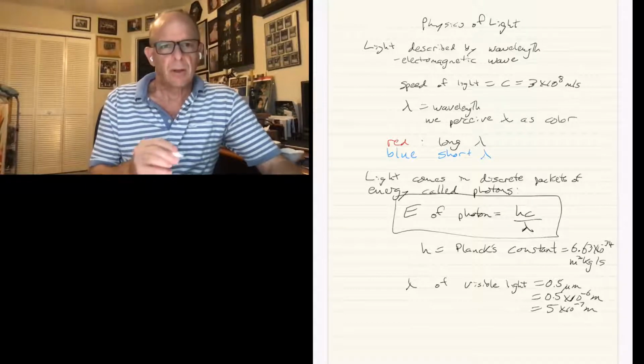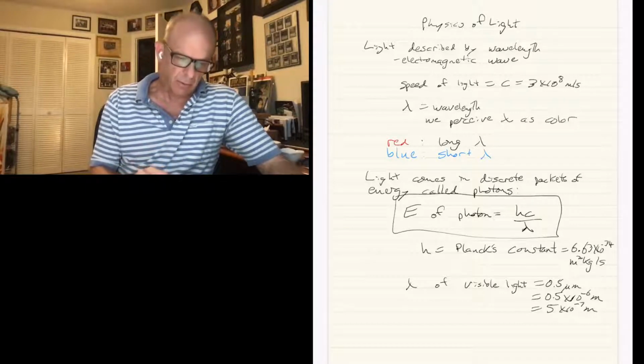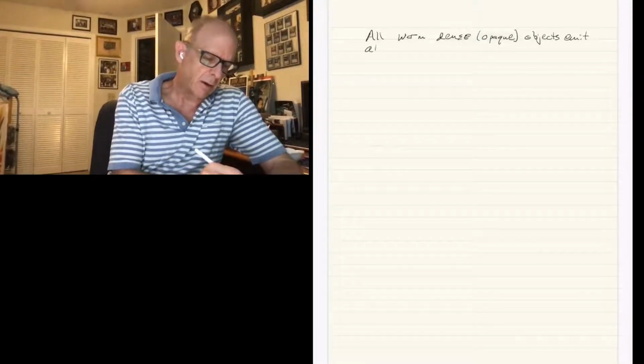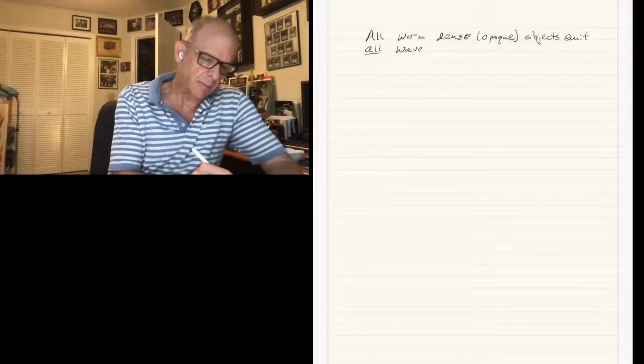So different wavelengths of light interact with matter in different ways, and there are a couple of basic principles that we need to know about the interaction of matter with light. All warm, dense, and by dense here we really mean opaque, objects emit all wavelengths of light.